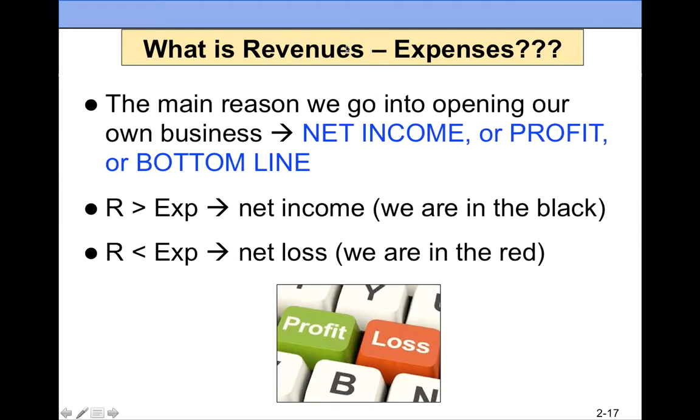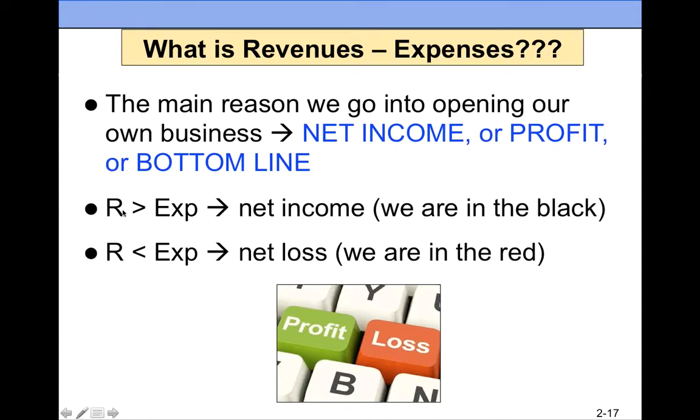So what is revenue minus expenses? That's the main reason we go into our own business. That's net income. Again, what's the formula for net income? It's total revenues minus total expenses, nothing else. So net income could be called profit, it could be called bottom line. We will use net income, but any of those terms mean the same thing.